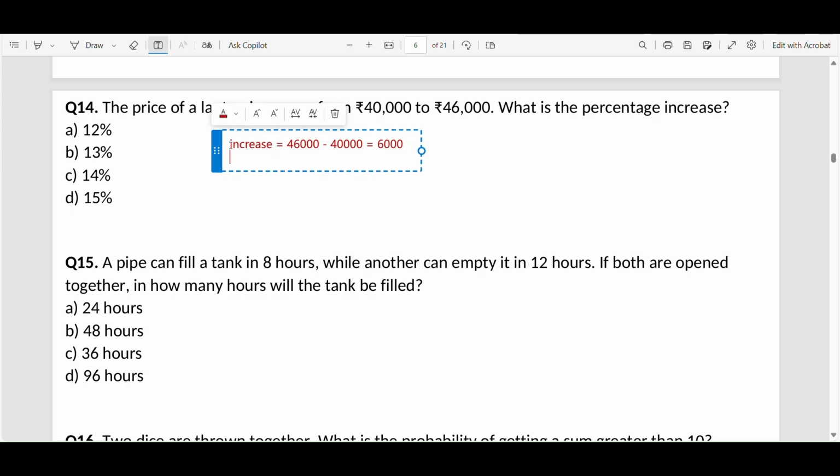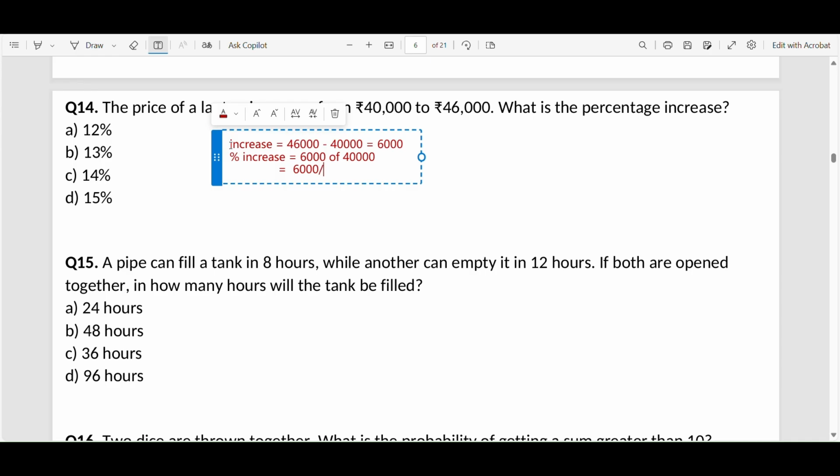And so percentage increase equals 6,000 of 40k. It is from 40,000, right? So we need to find out the percentage increase.